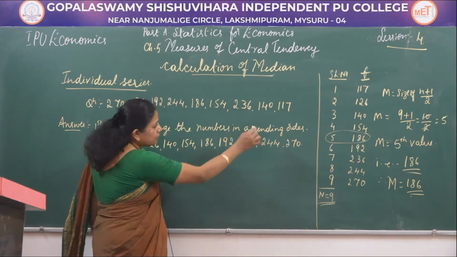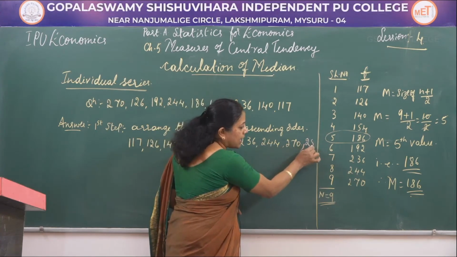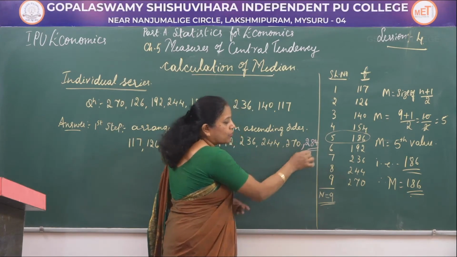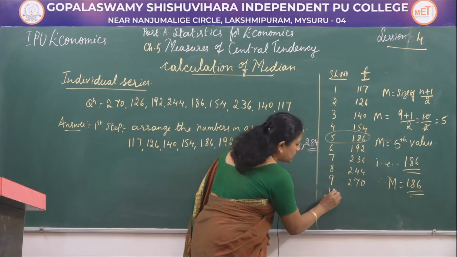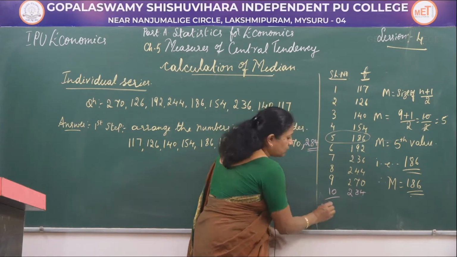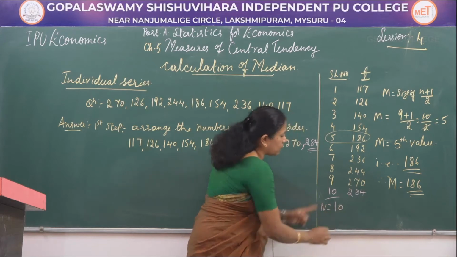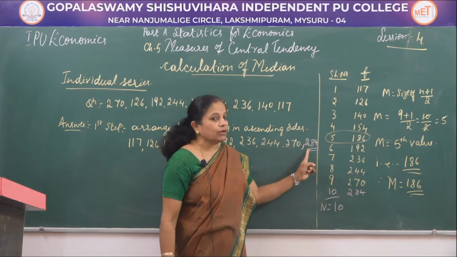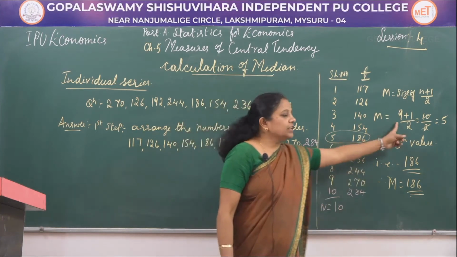That is, suppose we have one more number here as 284, this is the 10th number. So 284 is the 10th value and n becomes 10 because we have 10 numbers here, one more is added. So for n equals 10, everything changes here.